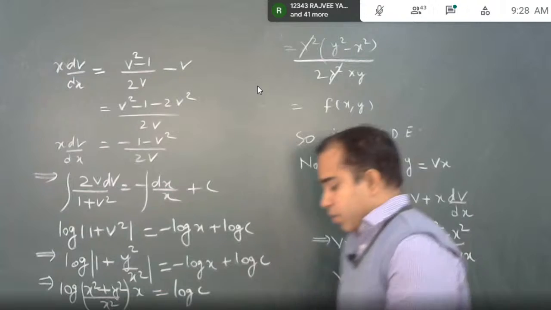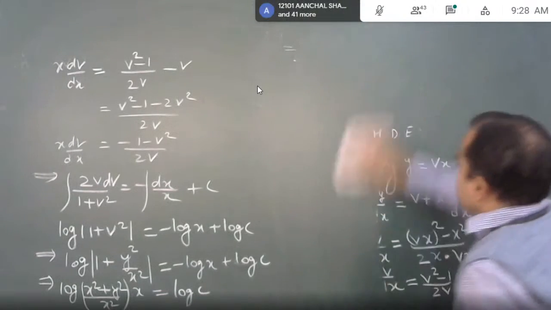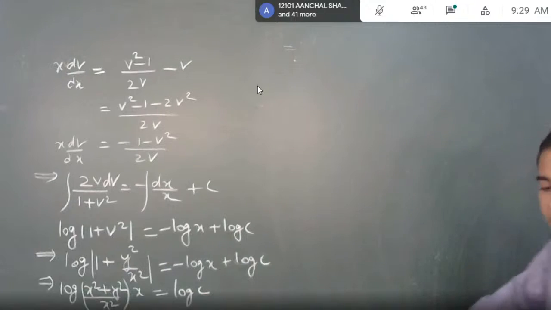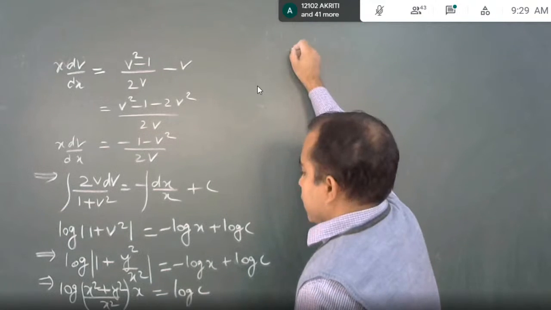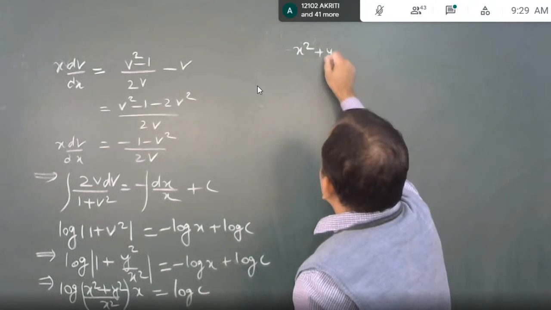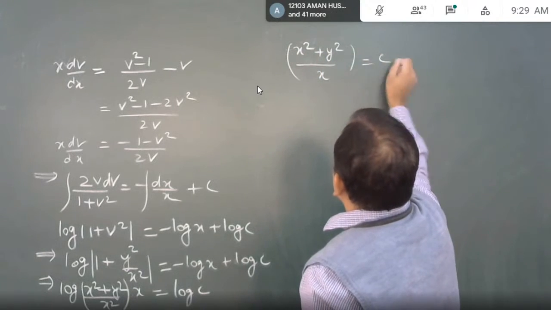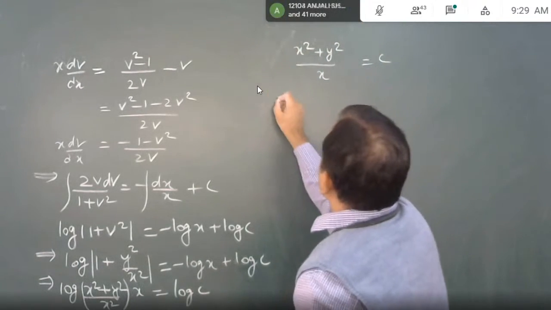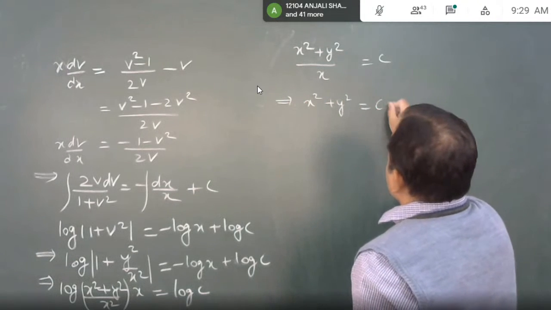So do not cancel it. It is not being cancelled. We are just taking the inverse function. So removing the log from both the sides, and this will be the final answer. So the final answer is x square plus y square equal to cx.